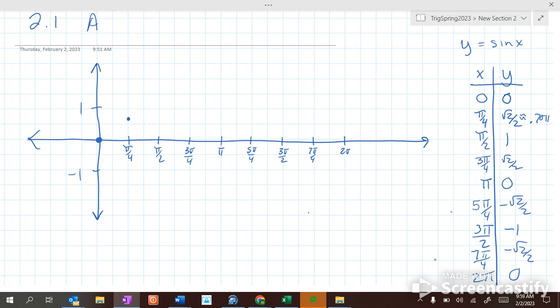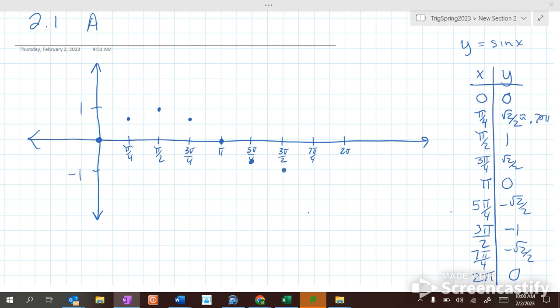At pi over 2, I'm at 1, because if I go 2 spaces to get to 1, this is 0.5, so 0.7 is a little above there. Okay. 3 pi over 4 is again 0.7071. Pi is where? 0. And 5 pi over 4 is negative square root 2 over 2, which is about right there.